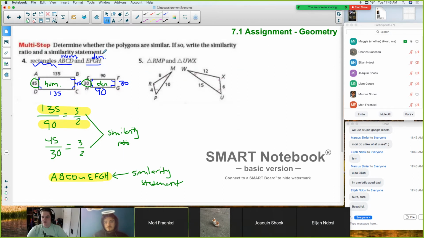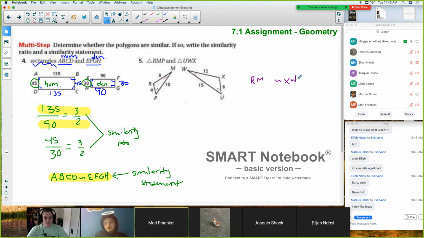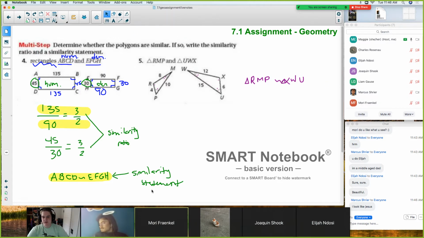So when we think of writing a similarity statement, R is going to want to be in the same place as X. And then 2 tick mark side here for M. So M would be next, and then also this 2 tick mark side, so W. And then 1 tick mark and 1 tick mark for U and P. So this is our similarity statement, just like the previous one.